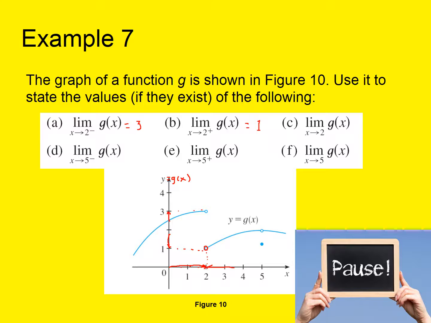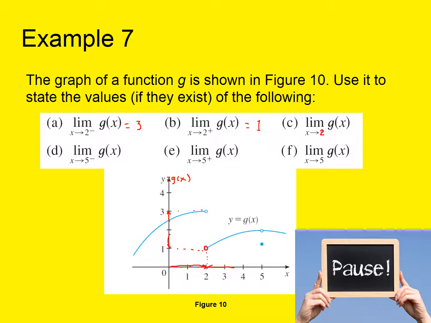C, limit as x approaches 2 of g of x. Well, we just said, not a left-hand limit, not a right-hand limit, just a limit. It's not 2 with a negative sign in the exponent. It's not 2 with a positive sign in the exponent. It's just 2.